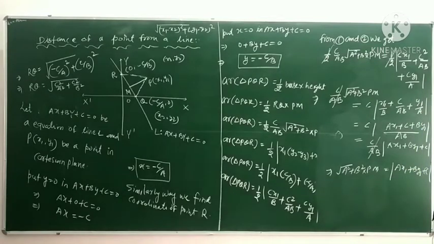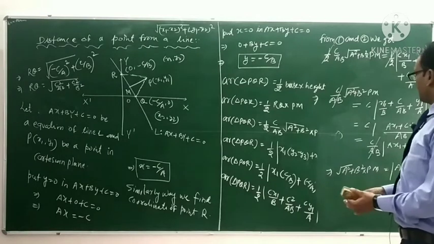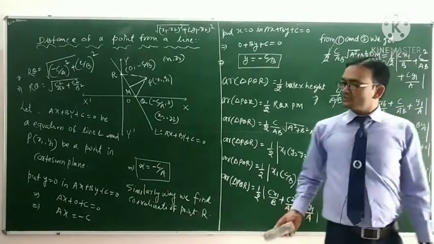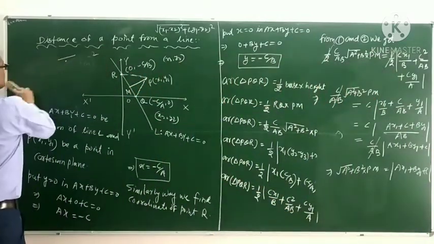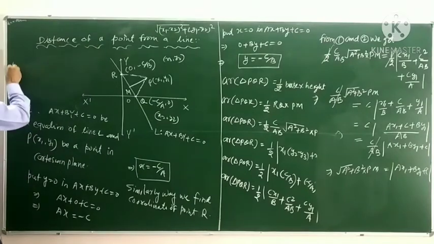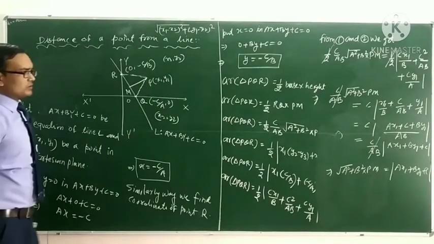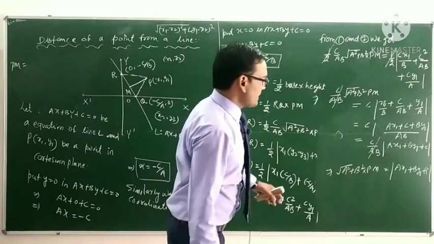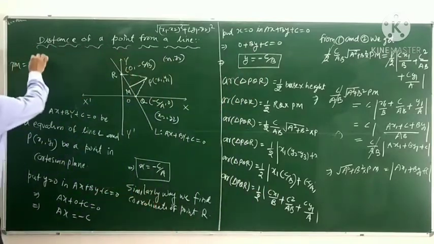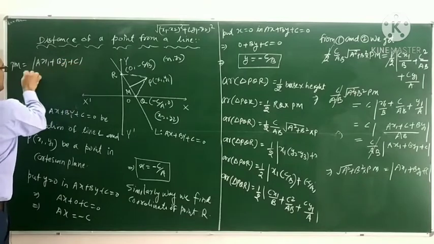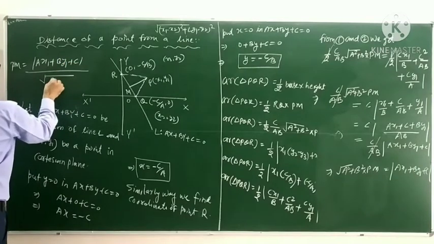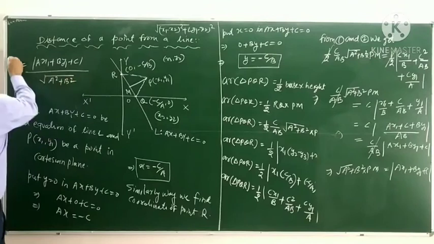Okay students, then we find the value of PM. PM is equal to mod of Ax1 plus By1 plus C upon square root A square plus B square.